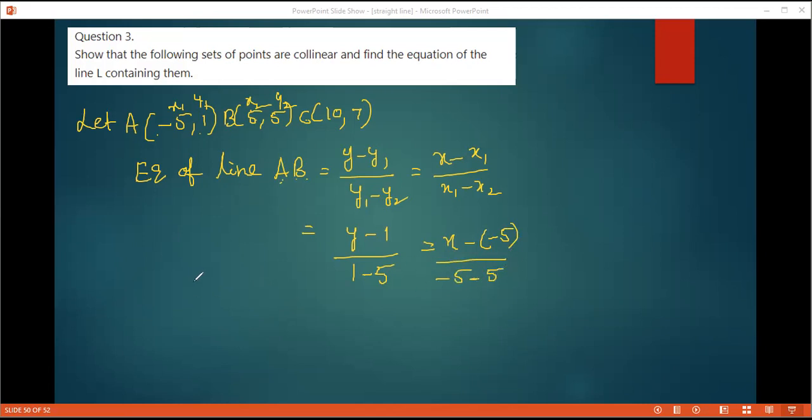Okay. What do we get? So y minus 1 by minus 4 is equal to x plus 5 by minus 10.